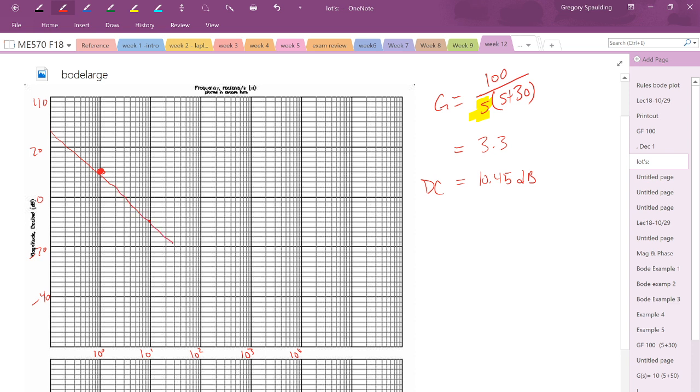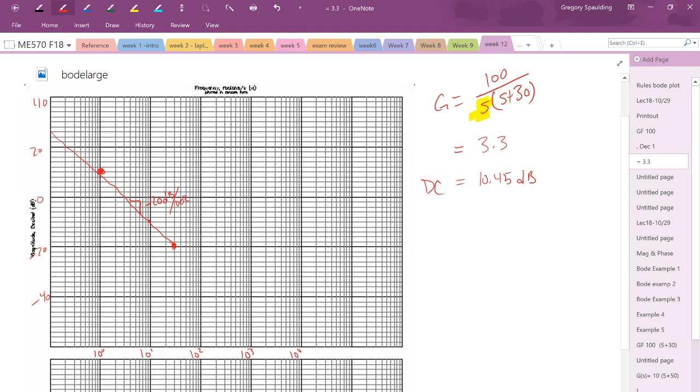Our initial slope is going to be like this, and we're going to run out to 30, which should be somewhere around in here. Our next pole or zero, and so we've got a pole here at 30. Then we're going to add an additional minus 20 dB per decade.